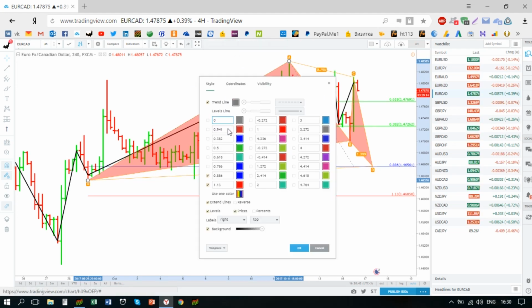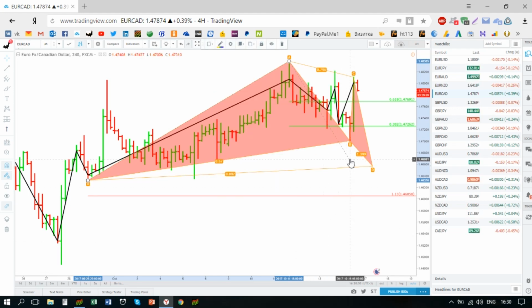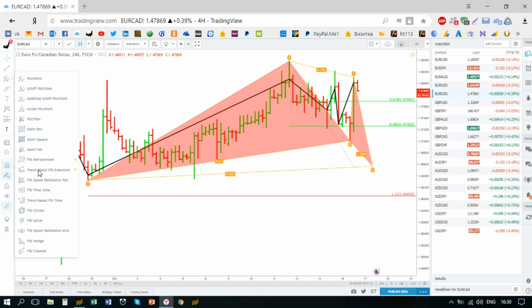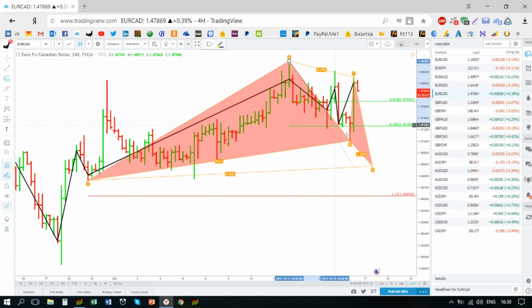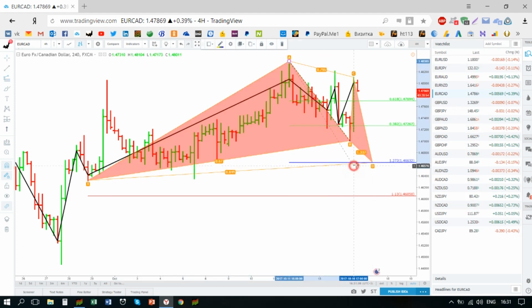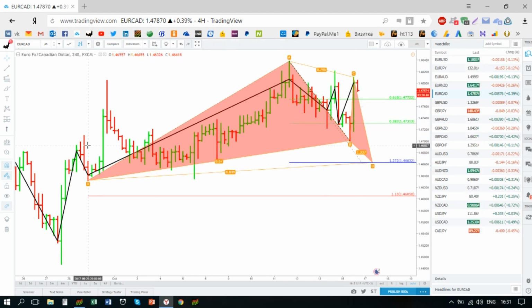The entry is a bit different. We don't have 886. We have 127 extension from A to B. 127 extension, and it almost coincides, slightly higher. So the potential Gartley. The bat pattern turns into a Gartley pattern.